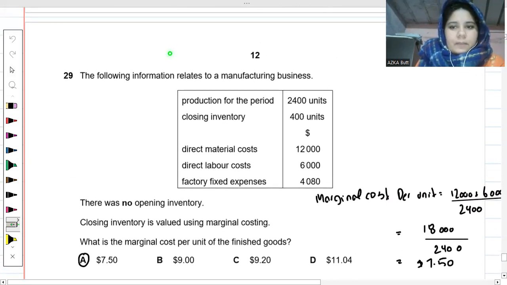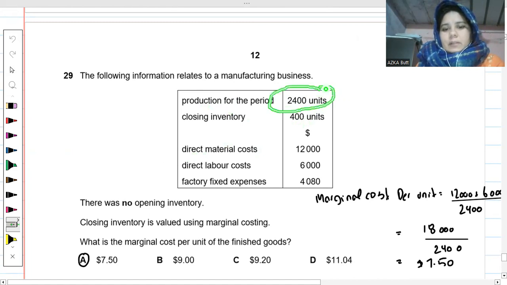And after that, in MCQ number 29, the examiner says that we have the following information about a manufacturing business. First of all, we have the production for the period, which is 2,400 units, and we also have the closing inventory. This is the production units which we made this year.